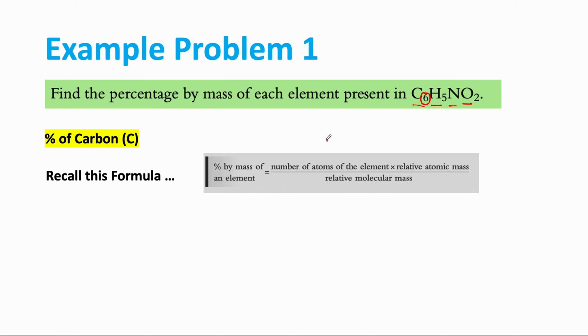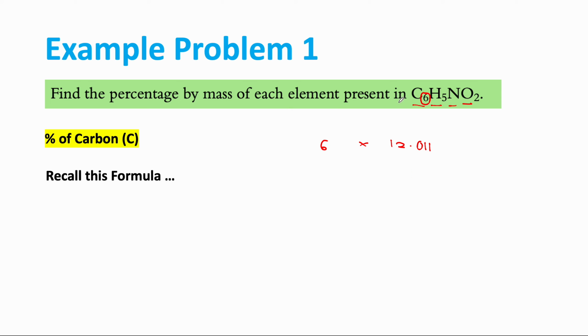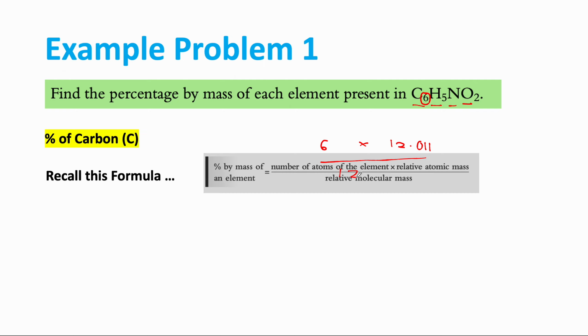So it's times 12.011. And what is the relative molecular mass? That is the total mass of this compound, which we calculated before as 123.097. So it's divided by 123.097. Again, I do it here as well.